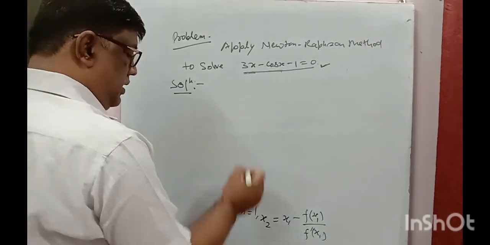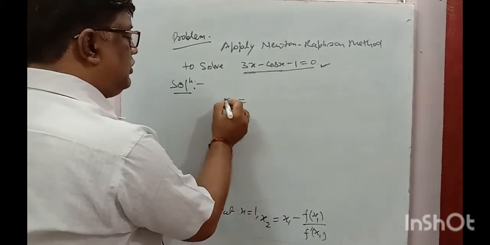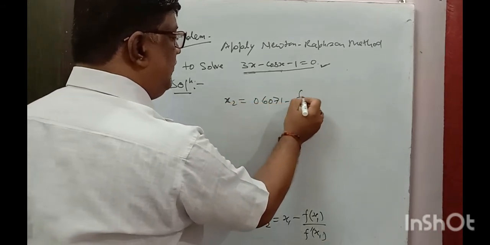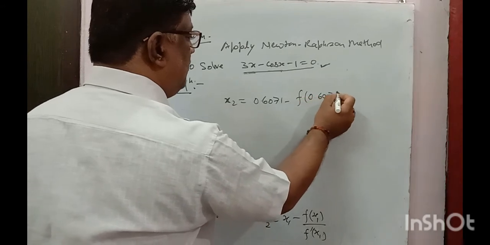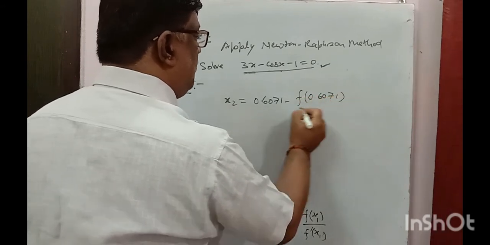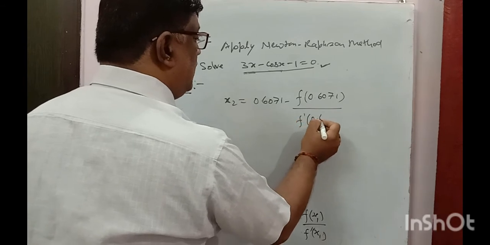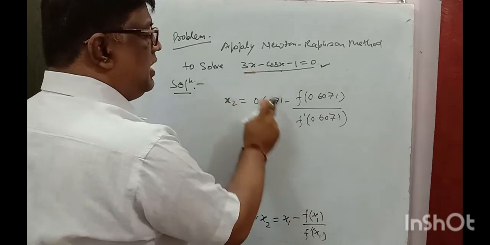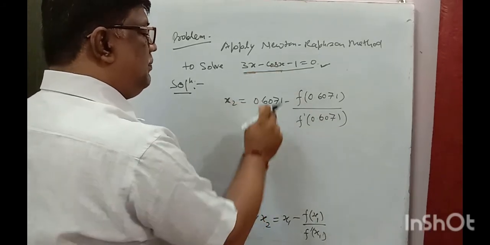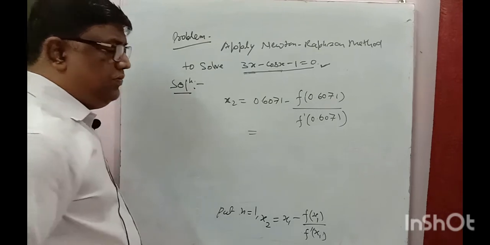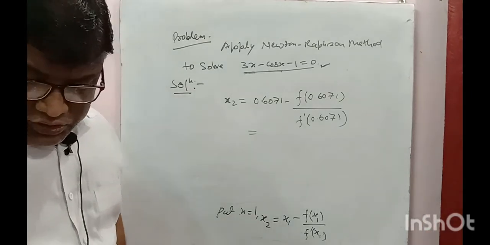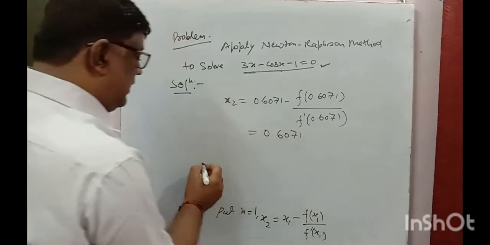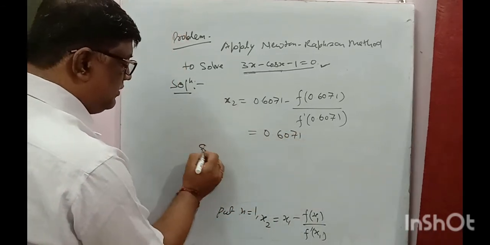Yes students, now write the second approximation: x2 = 0.6071 minus f(0.6071) upon f'(0.6071). Putting these values in the function and f'(x) found earlier, and finding the value by calculator, it is also equal to 0.6071.